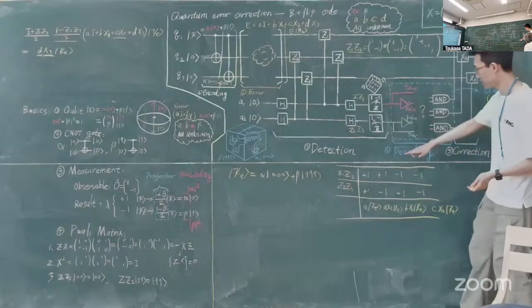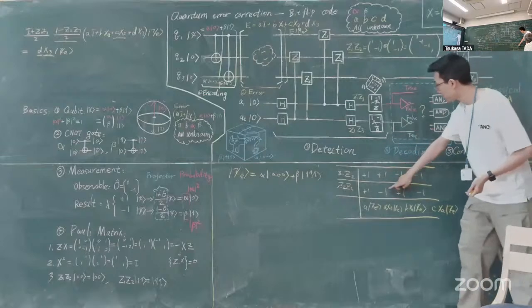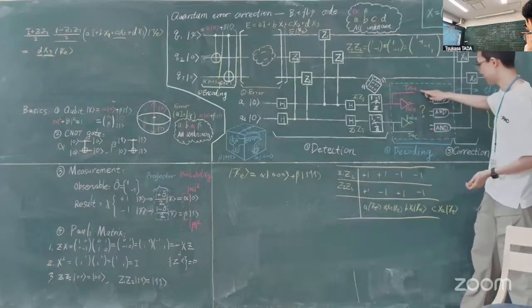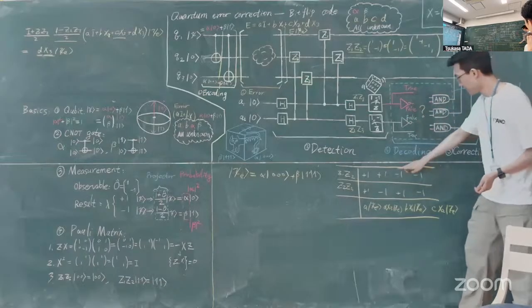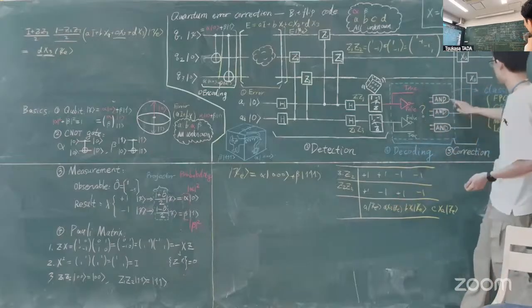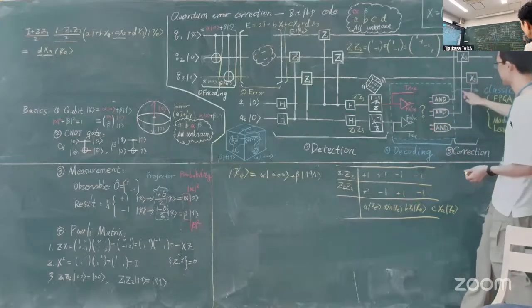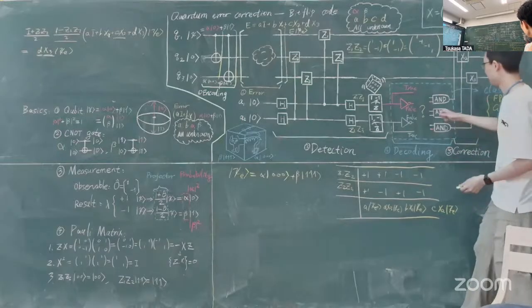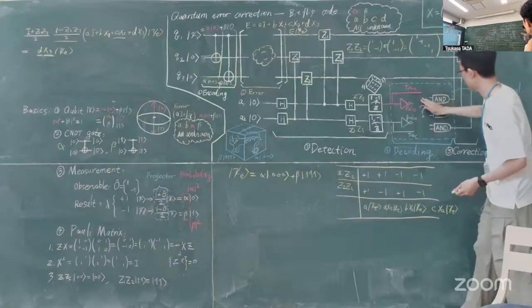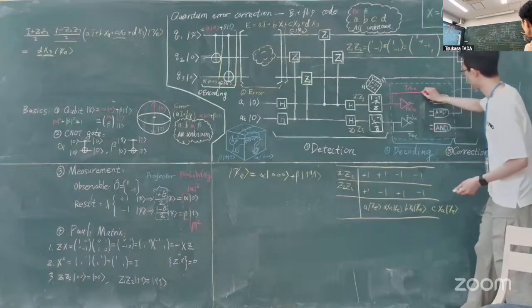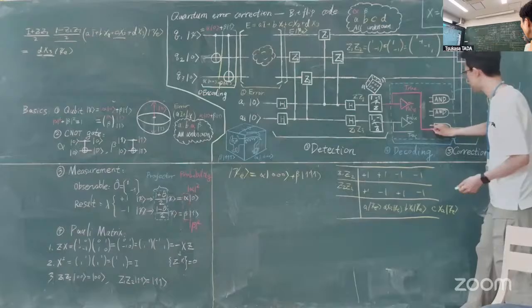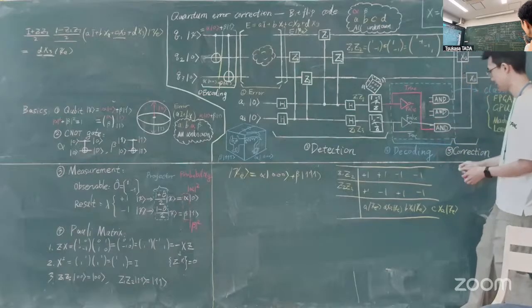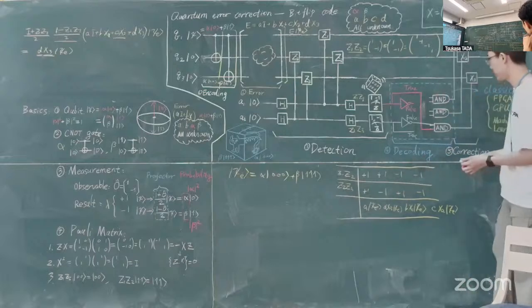For example, if the result is +1 and -1, which corresponds to this true line and the false line, and we want to apply the x3 gate to correct, we simply connect this true line here, we should have the connection here, and the false line comes here, according to this measurement result.